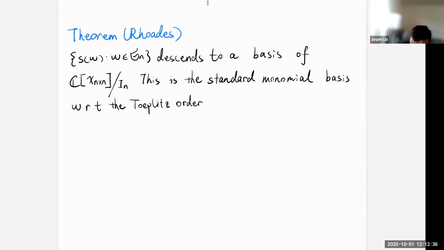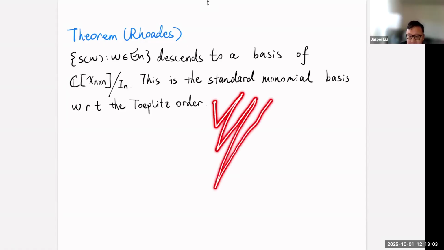And what's even better is that it is the standard monomial basis with respect to the two-place order. So this is some result in Gröbner theory, and the two-place order is the lexicographic order with respect to the ordering of variables. So x11, then x21, and x12, and then x31, x22, x13, and so on, like this.